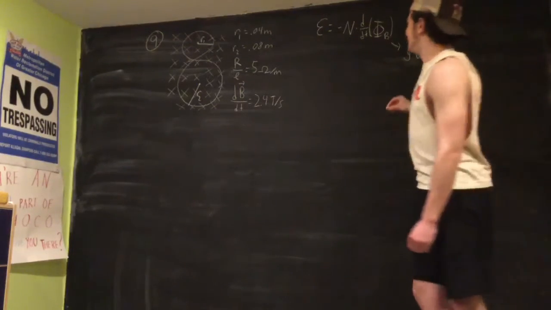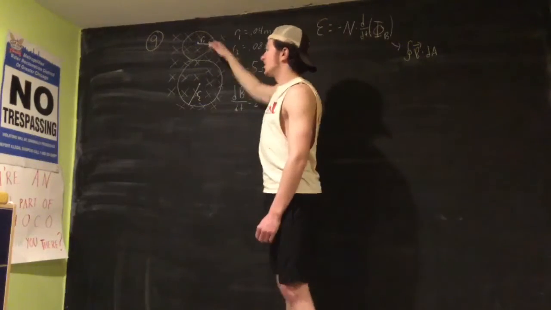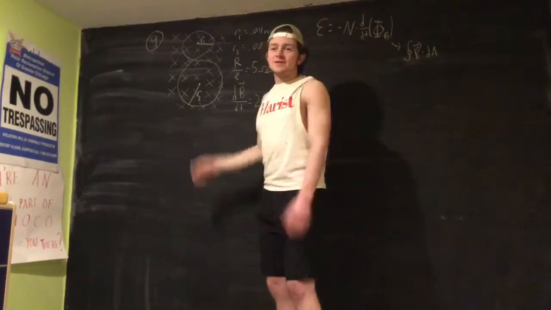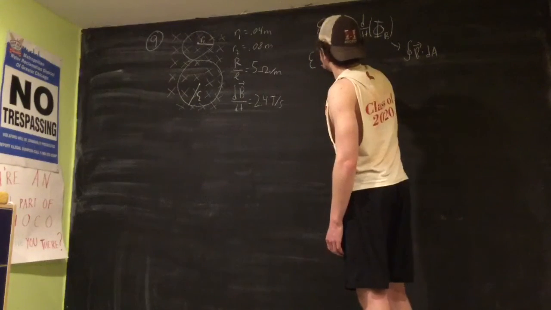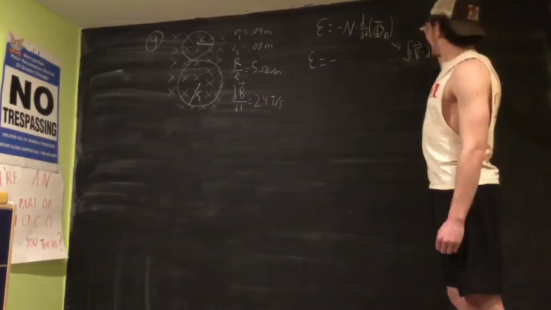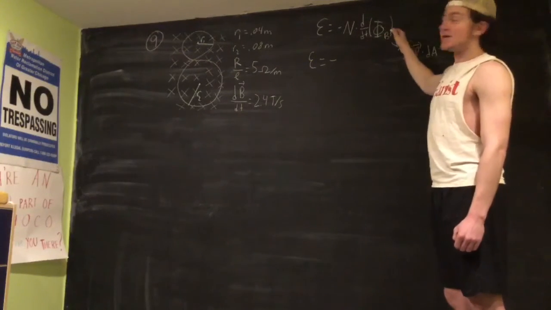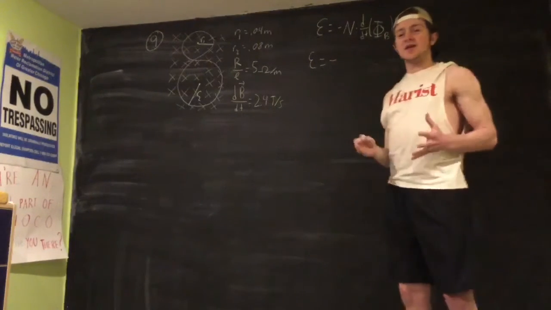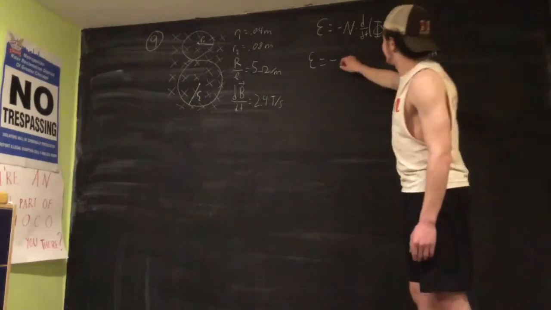And n is the number of loops, but since I'm going to break each one up, it's going to be one loop, so that doesn't even matter. This can be summarized as the product of the magnetic field times the area. And since the area is staying the same, only the magnetic field changes with time.